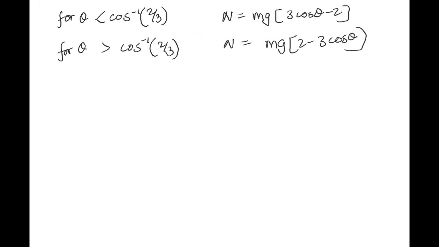Of course, you can ask what will happen at theta equal to cosine inverse 2 by 3, and n will be equal to 0.